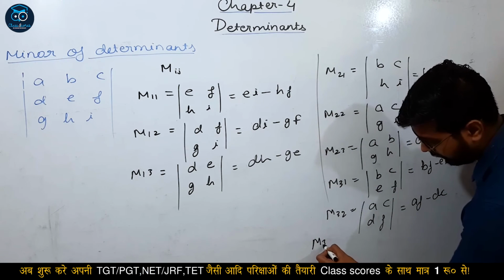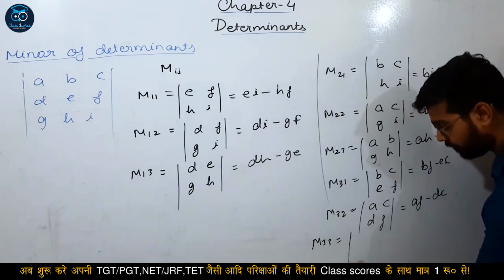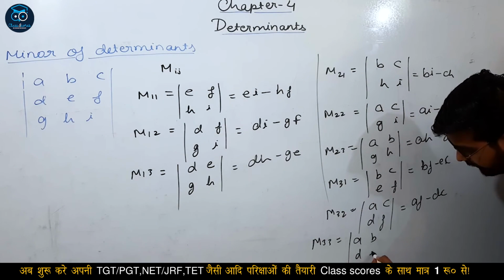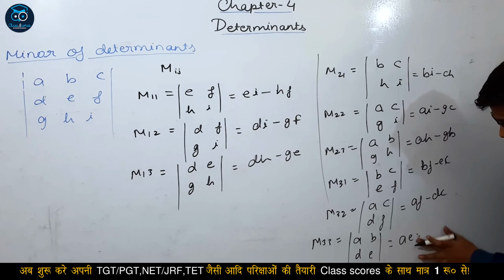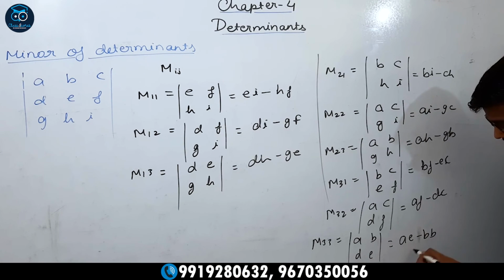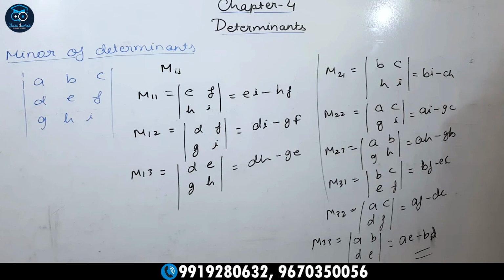And last, M33, A, B, D, E. That is AE minus BD. So these are the required minors for the given determinant.